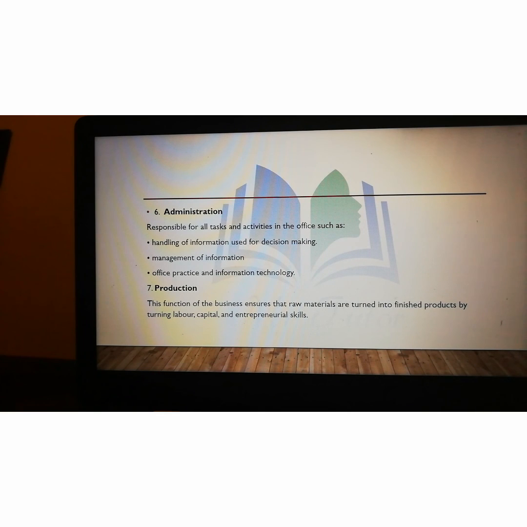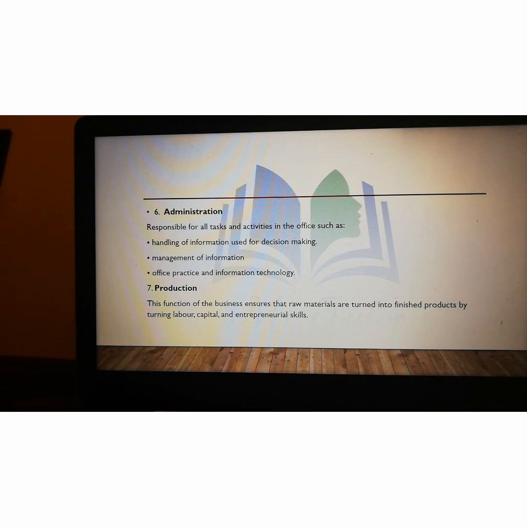So what this simply means is that, for example, if Nike says they want to produce 1 million sneakers, the production function of the business will ensure that whatever raw materials are used to produce that Nike sneaker, this function allows those materials to be turned into finished products.